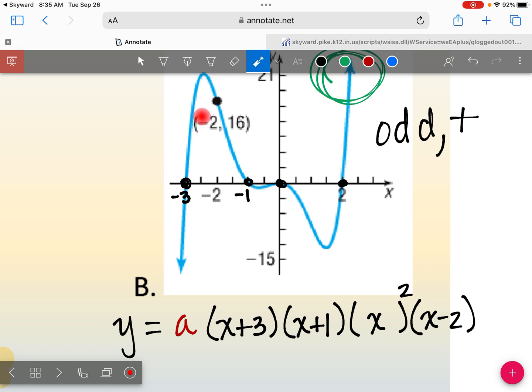All right, so now we're going to use this point that they gave us to find a. So we're going to substitute in this x value. You're going to substitute it here, here, here, and here. And then your y value, you're going to substitute in here. Go ahead and find a.